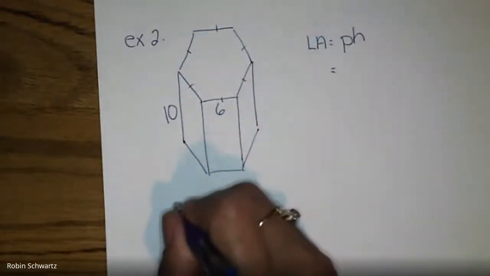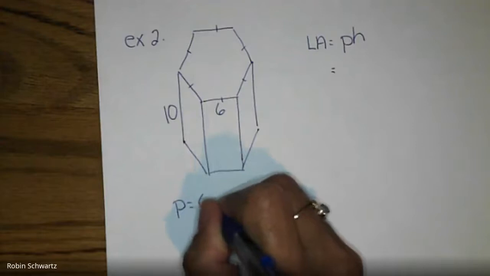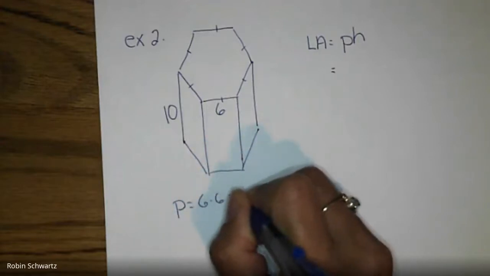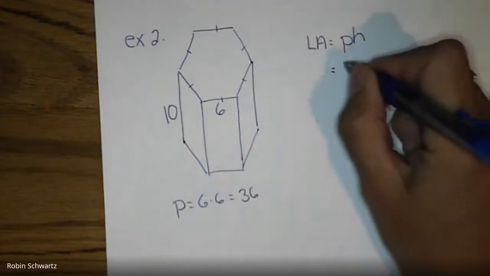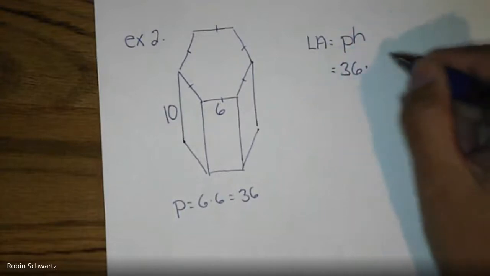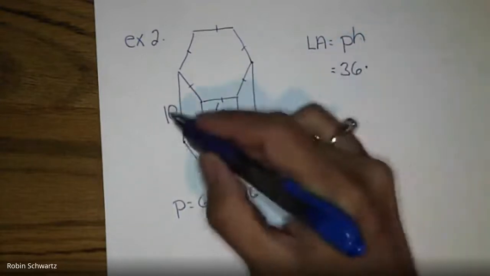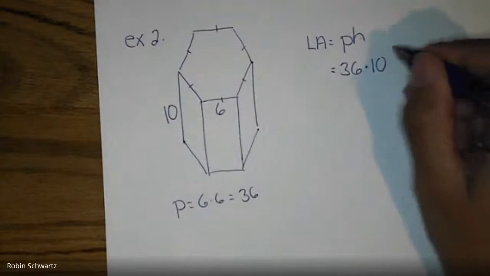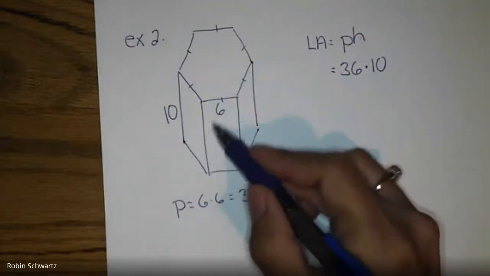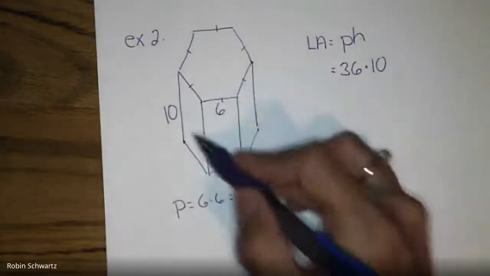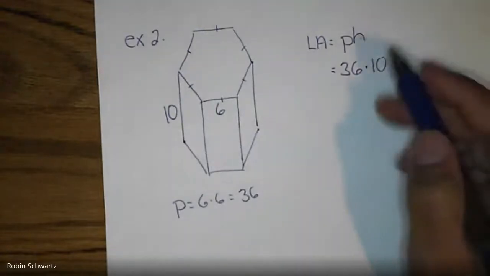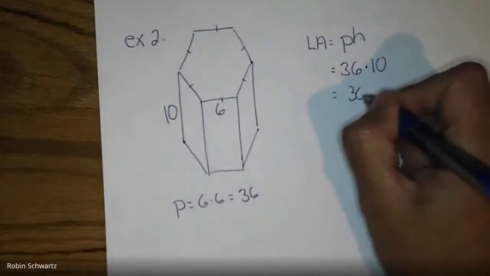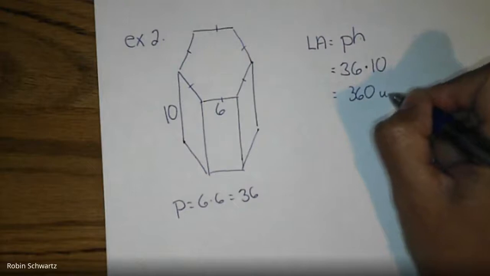So the perimeter is 6 times 6 for 36. The height of the prism is 10. Because remember, all we're doing is 6 times 10 to get the area of one of these and then adding them all together, which is 6 of them. So we will get 360 for the lateral area.